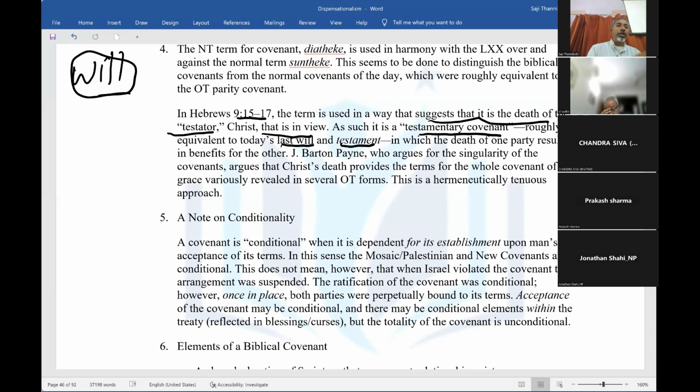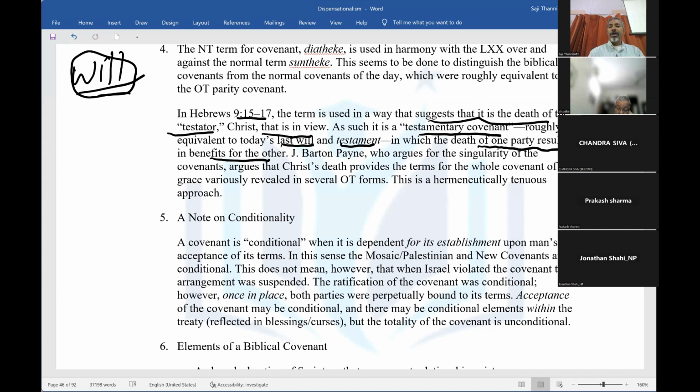So that is a will, also known as a testament, in which the death of one party results in the benefit of another.